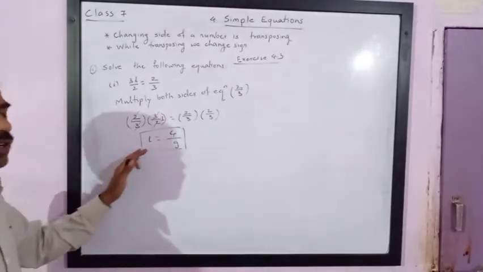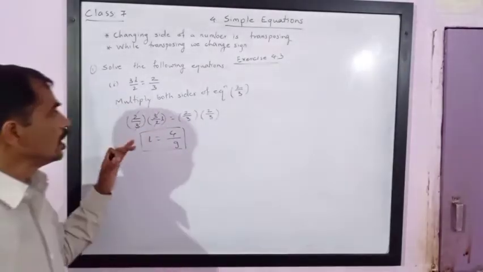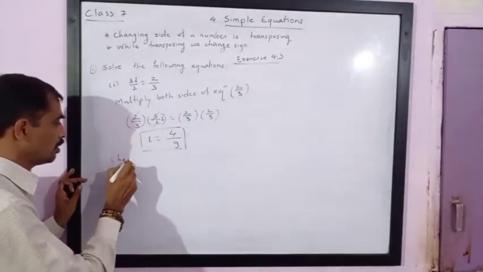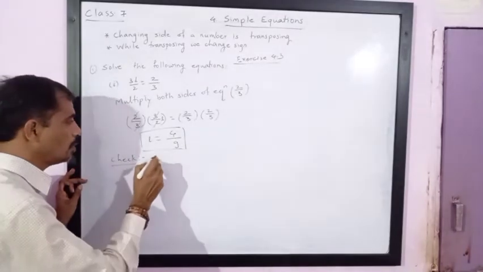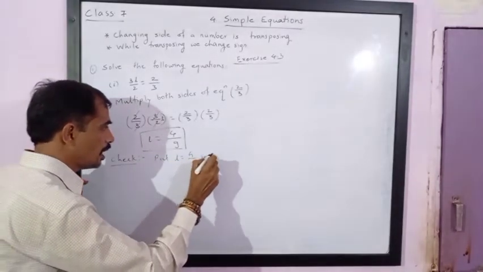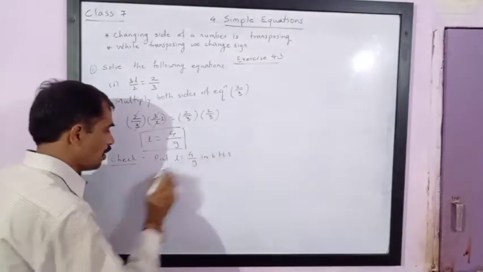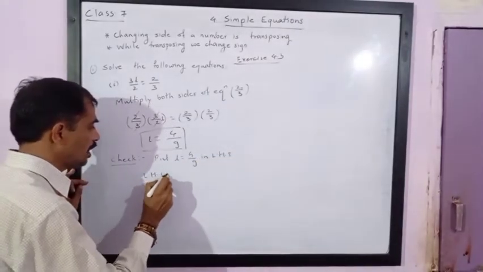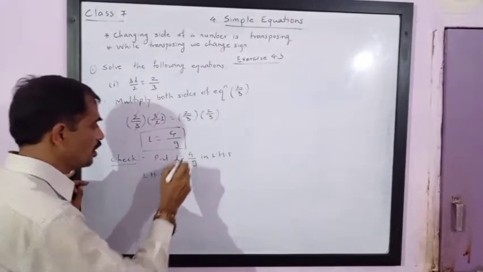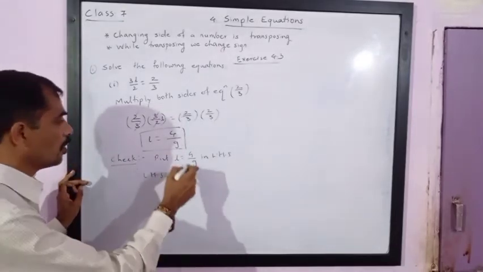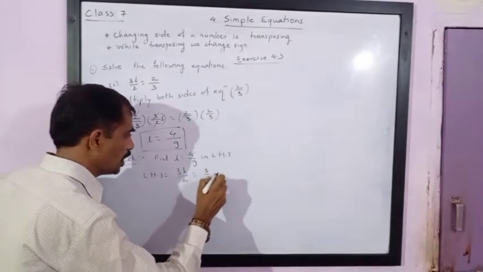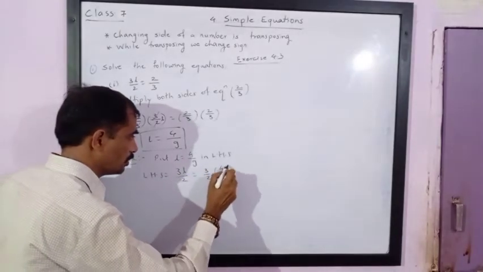Let us check whether our solution is correct or not. In order to check the solution, we put L is equal to 4 upon 9 in the LHS. So our left hand side was 3L upon 2. Now in this, let us put 4 upon 9. So you will get 3 upon 2 times 4 upon 9.